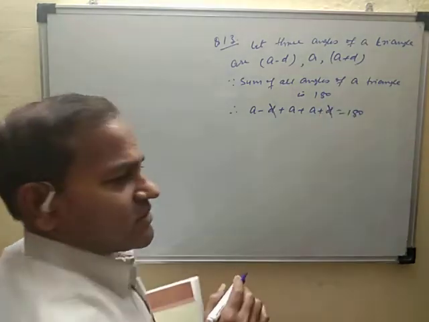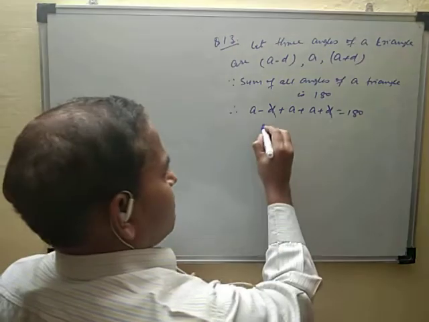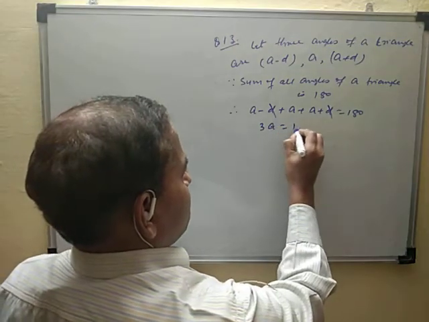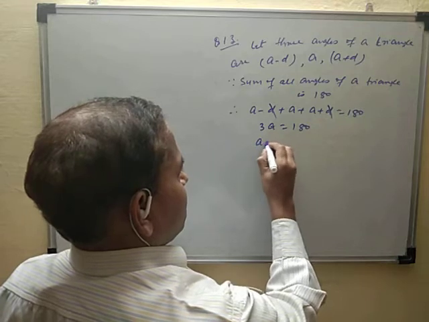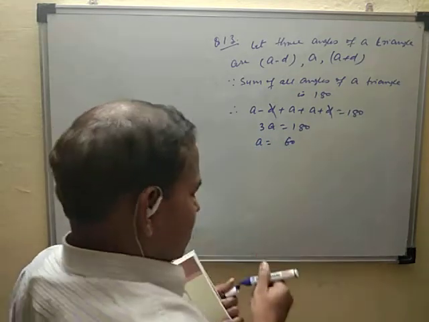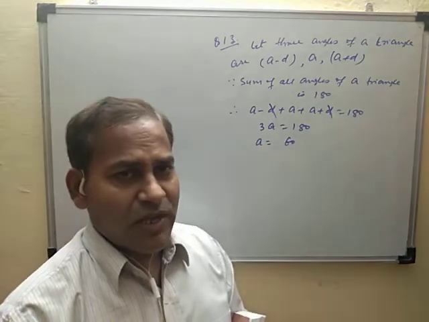Here plus minus D cancelled. Now simplify. So 3A is equal to 180. So A is equal to 60. This is the value of A.